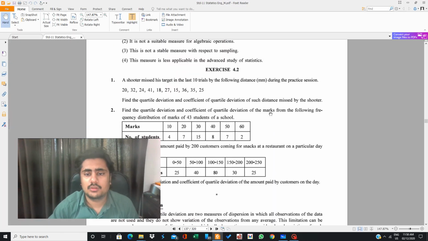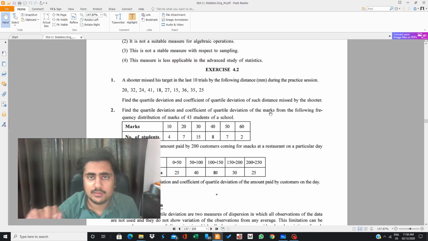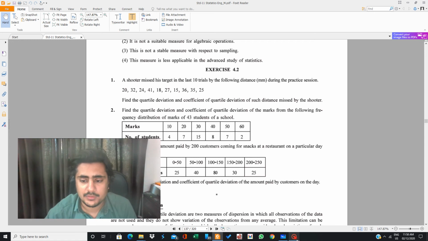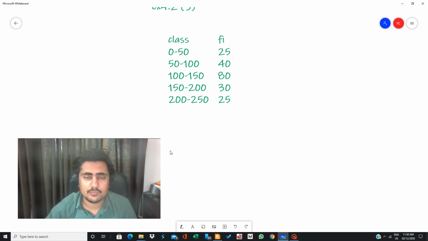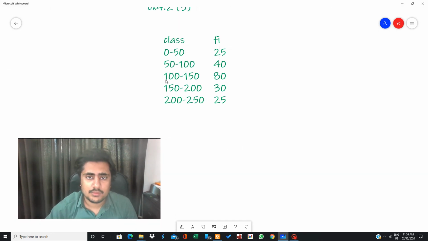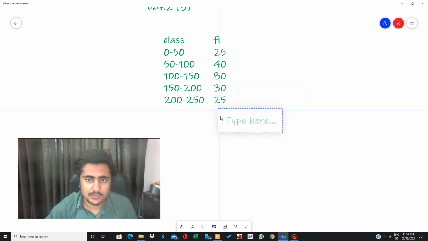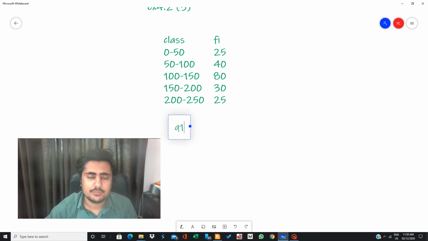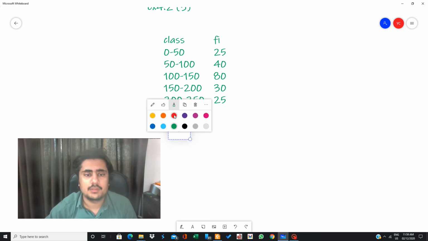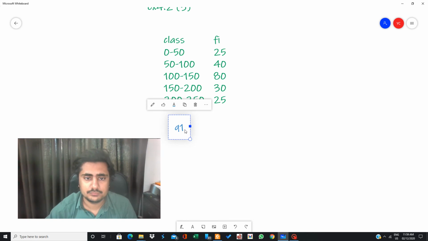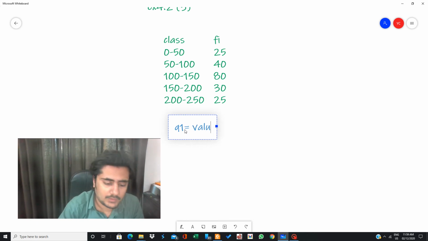Now how to solve this sum? In quartile deviation, the very first thing we find is Q1 and Q3. To find Q1, the formula will be value of 1 into n upon 4.